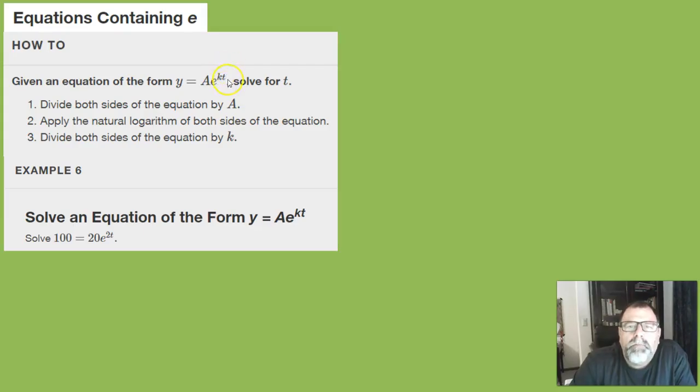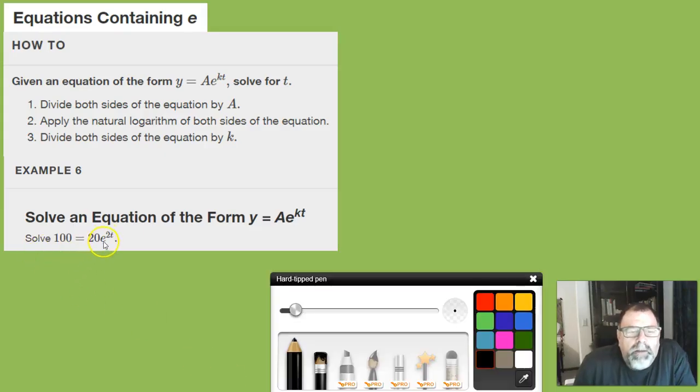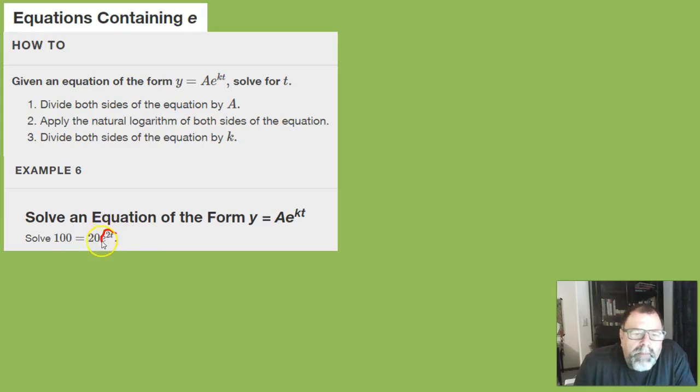And then you can solve for t by dividing both sides by k. So if you look at the big picture here, we want to get the e to the power, this part, all by itself. So if we have e to a power equals a number, that's the way I think of it, then if I take ln to both sides, the ln and e cancel each other out and you get the power all by itself.